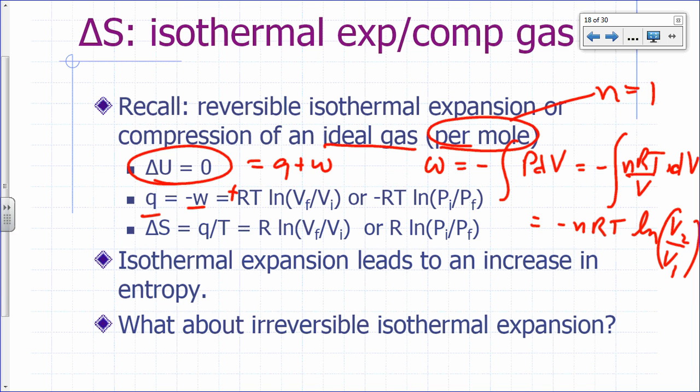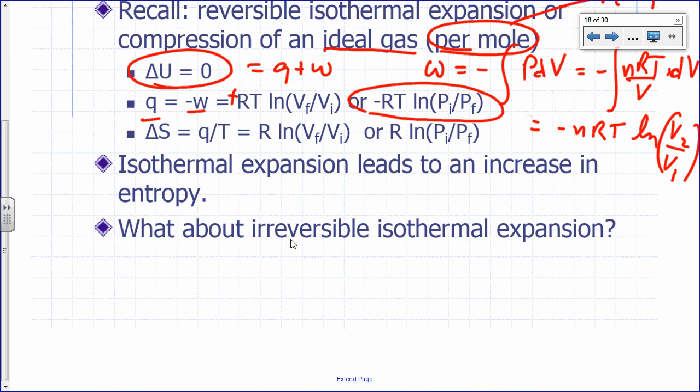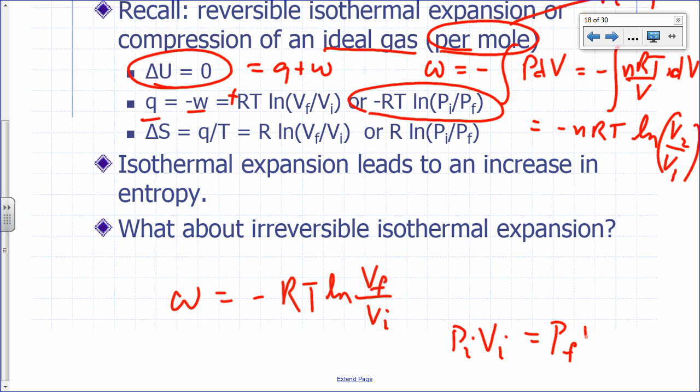Or it can also be equal to negative RT ln Pi over Pf. You remember why that is? Okay, so W is negative RT ln V final over V initial. Since it's isothermal, then PiVi is equal to PfVf, right?